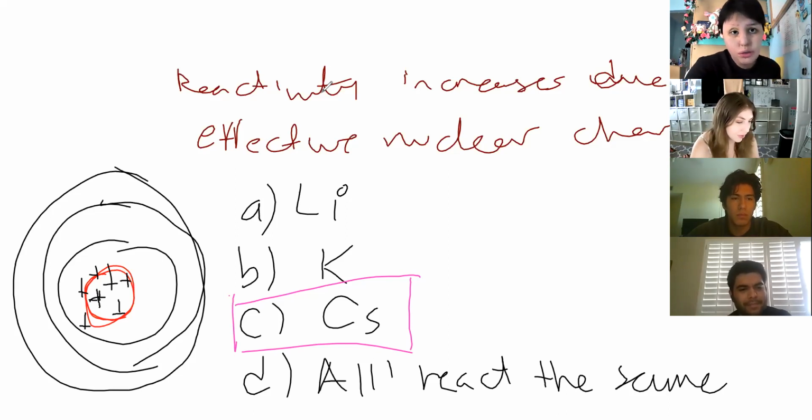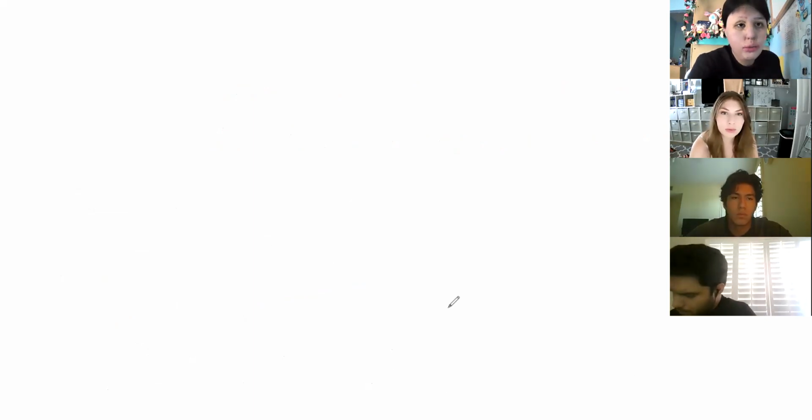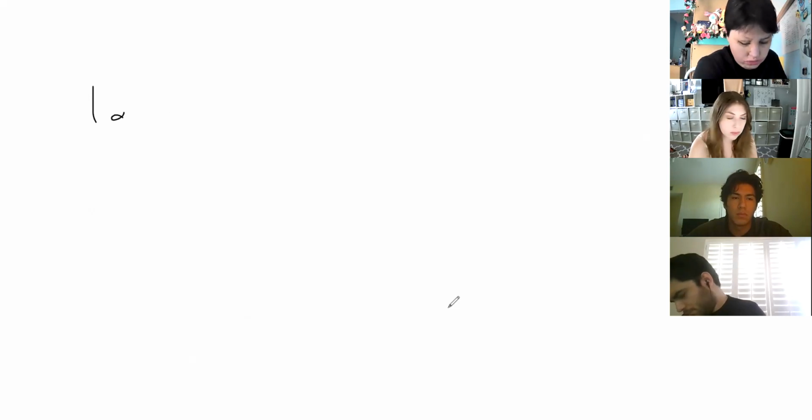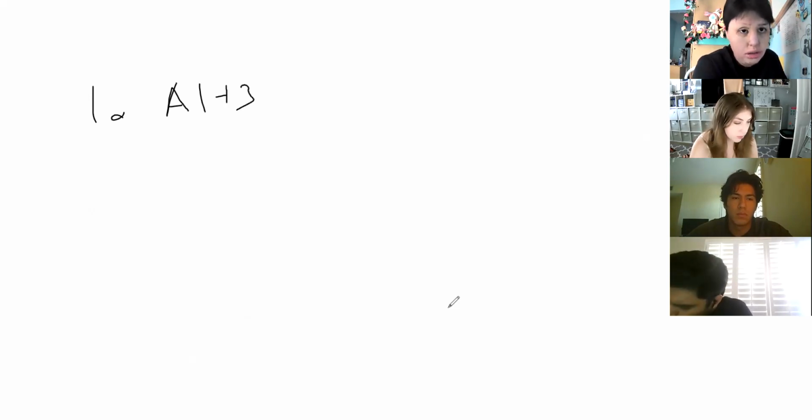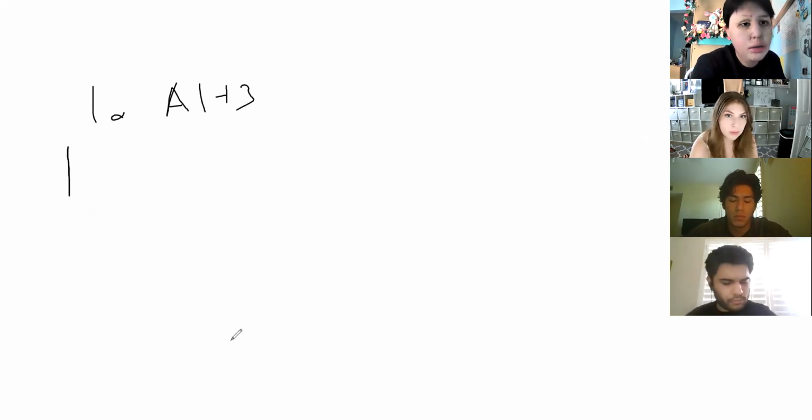Let's go with the second question then. Which of the listed elements and ions are isoelectronic? So before we get into these, I'm going to go ahead and write these down. First, Al 3+. As I'm writing these down, could somebody tell me what the word isoelectronic means?